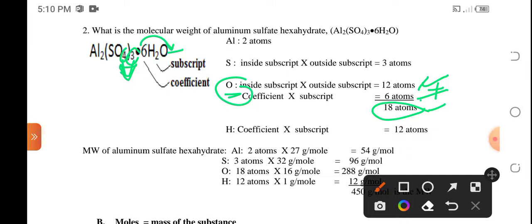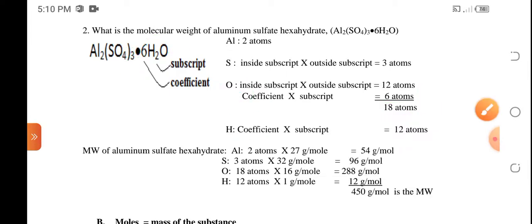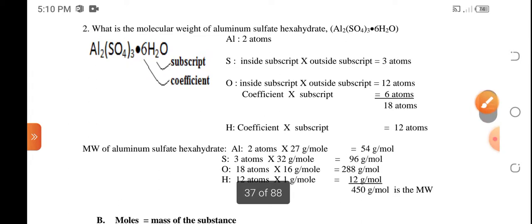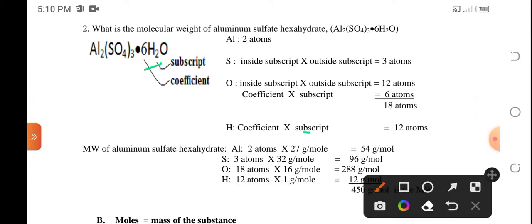Okay? And for hydrogen, sa hydrogen, meron siyang subscript 2, and the coefficient is 6, so therefore, 6 times 2 is 12. Okay, ulitin natin. The subscript indicates the number of atoms of that element. So 2, since 2 follows aluminum.